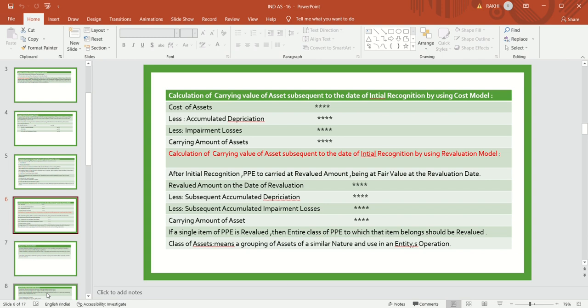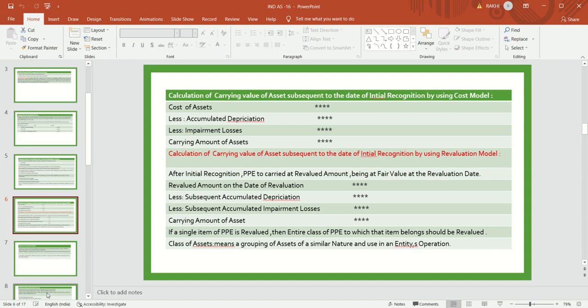The company asks the seller what the price of the land is today. The seller says it is 50 crores. After 10 days the company again asks what the price of the land is today, and the seller says it will be 100 crores. So there is a lot of volatility within 10 days in the value of the asset.